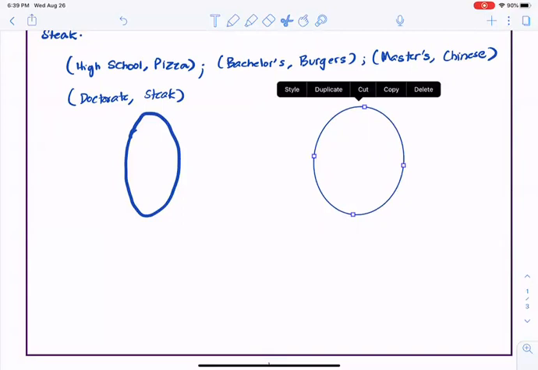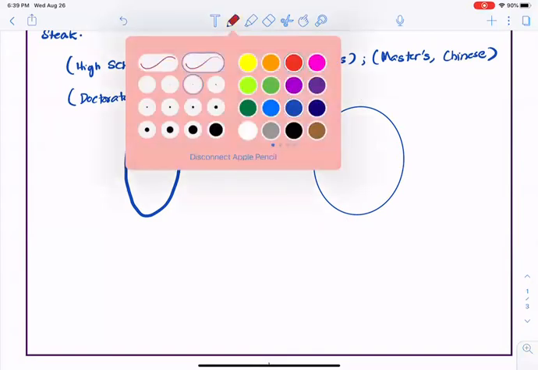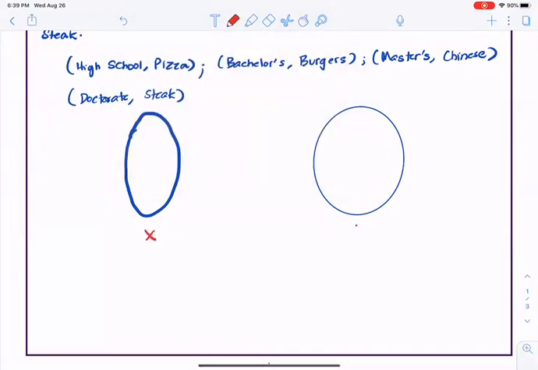Okay, so we have a set of X values. I'm going to write all the X values over here, and the Y values are over there. So high school, bachelor's, master's, and doctorate. Over here, we have pizza, burgers, Chinese, and steak.